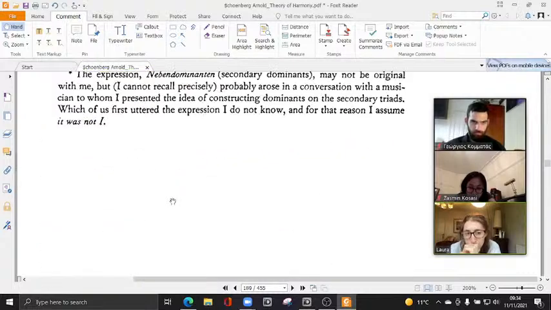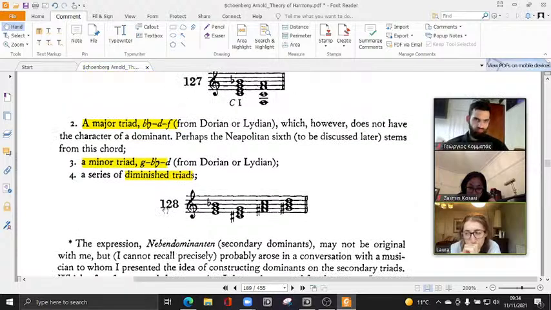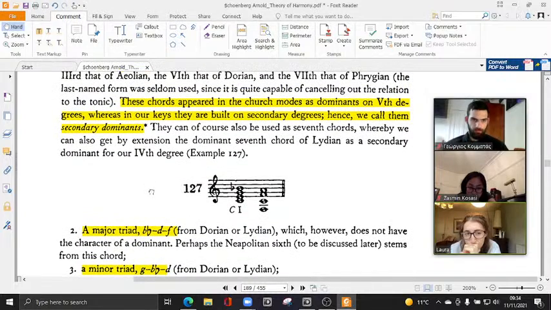These chords appear in the church modes as dominants on 5th degrees, where in our keys they're built on secondary degrees. Hence we call them secondary dominants.